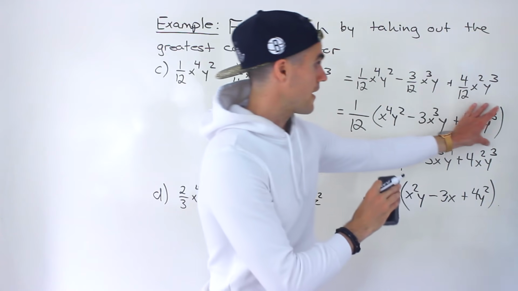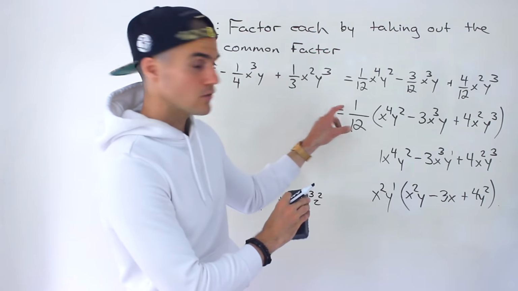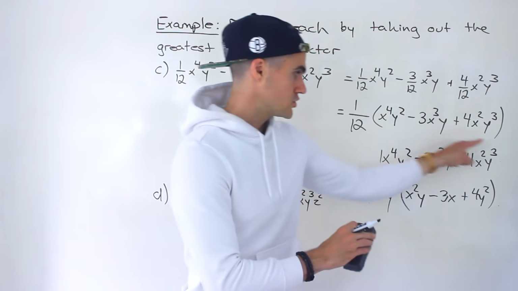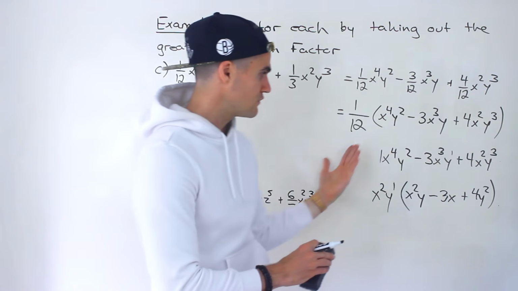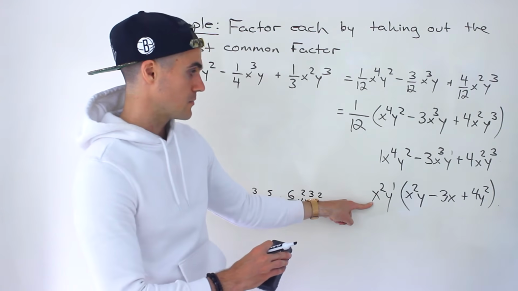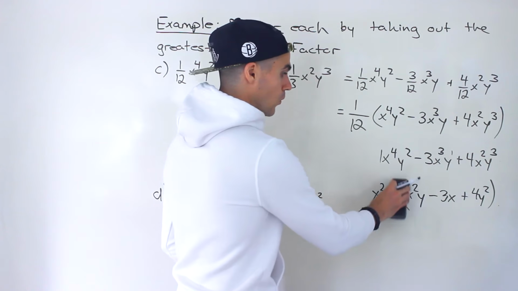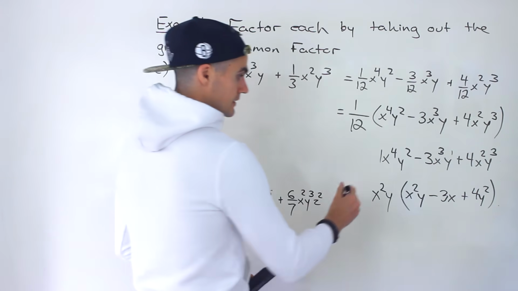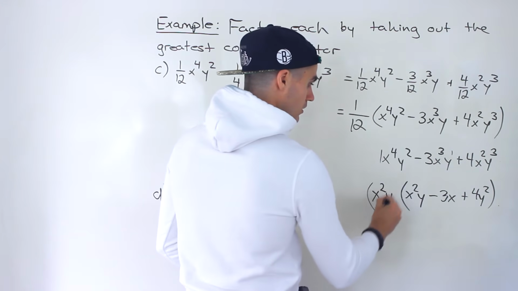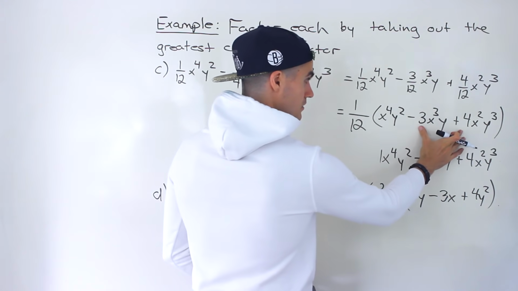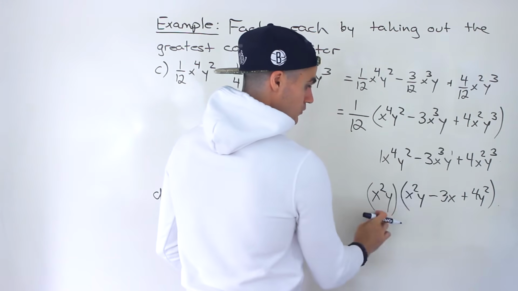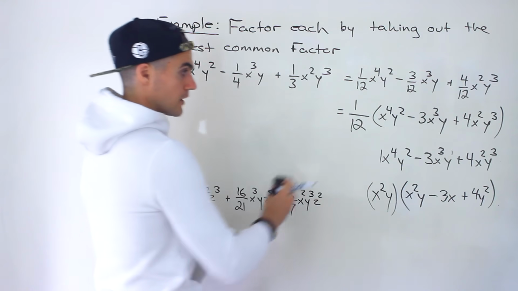We took this bracket, left out the 1 over 12. We took this bracket, just worked with it here, and we factored out this greatest common factor, x squared y. So basically, now we could go back to our main work. This bracket is equal to these two brackets multiplied.